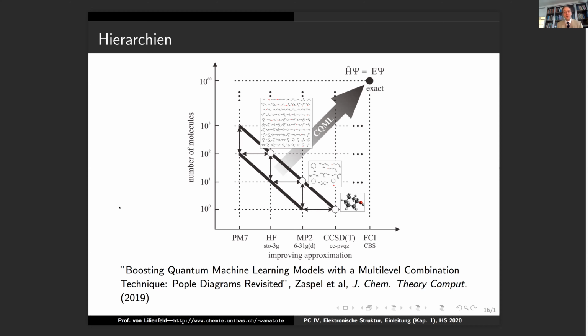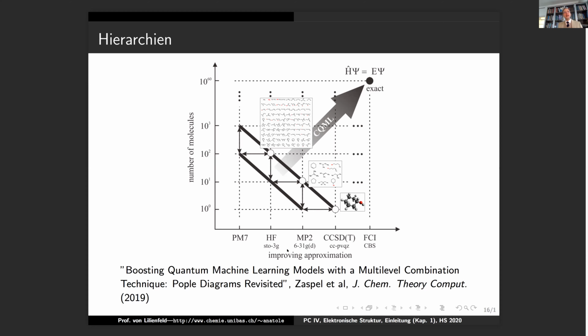This was done together with a mathematician, Peter Zaspel, who is the first author here. He was working with Helmut Harbrecht, who is a professor of mathematics in Basel as well. And we worked together to see if we can construct machine learning models that would connect different levels of approximations.